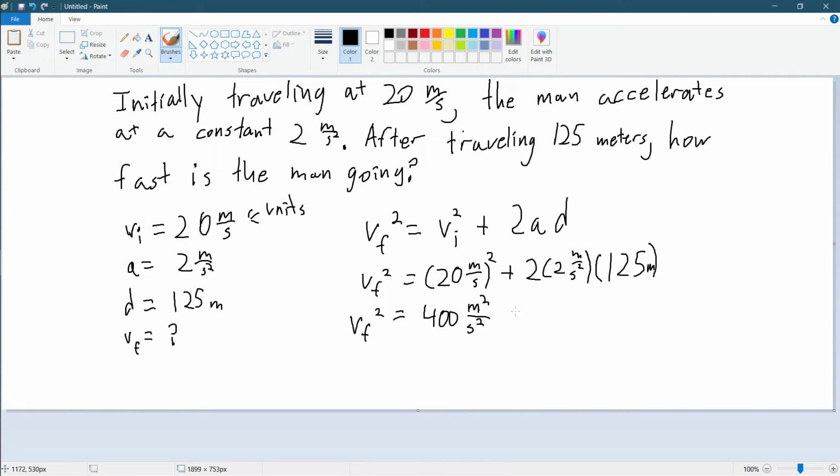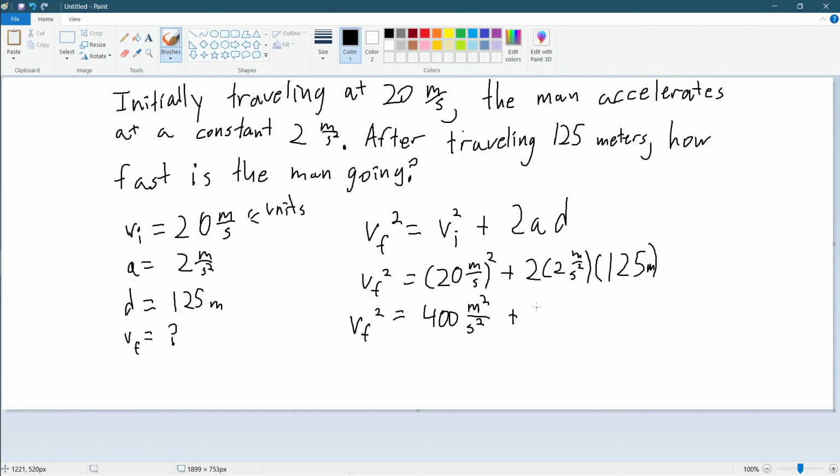But that's just me. So don't take my word for it. Just follow what I'm doing, and you'll know how this process works. So 2 multiplied by 2, which is 4 multiplied by 125 meters.